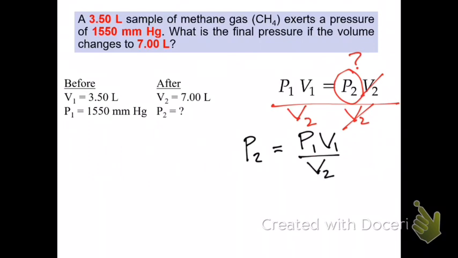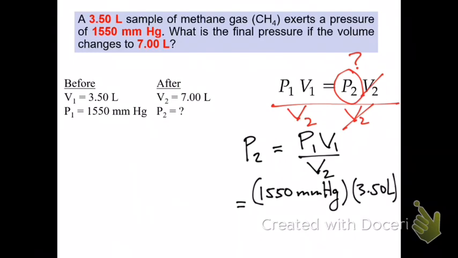All right. And all you have to do now is plug in the numbers. So we have P1, which is 1,550 millimeter mercury. Okay. And you're going to multiply this by the volume, which is 3.5 liters, divided by the second volume, which is 7 liters.